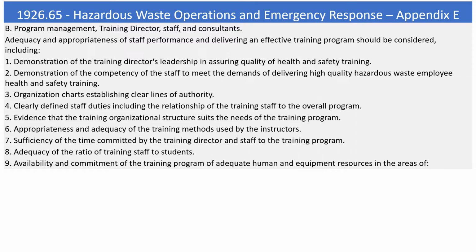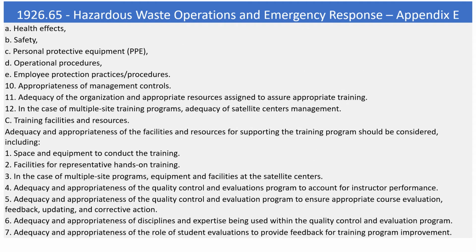Availability and commitment of the training program of adequate human and equipment resources in the areas of A. Health effects, B. Safety, C. Personal protective equipment, PPE, D. Operational procedures, E. Employee protection practices/procedures. 10. Appropriateness of management controls. 11. Adequacy of the organization and appropriate resources assigned to assure appropriate training. 12. In the case of multiple site training programs, adequacy of satellite centers management.